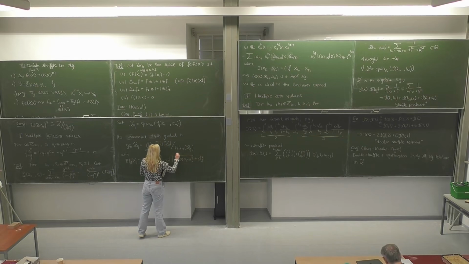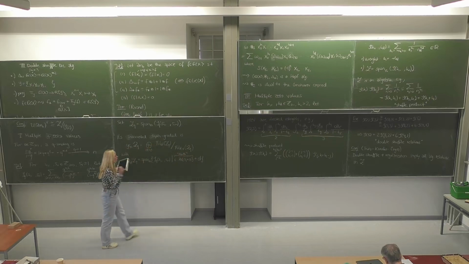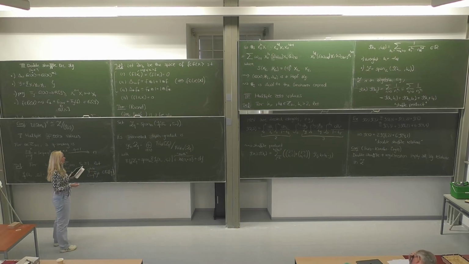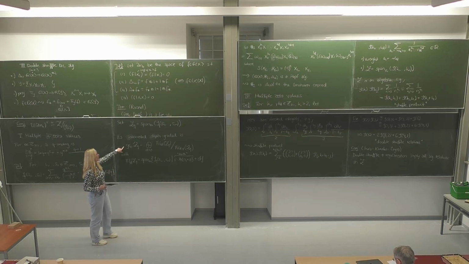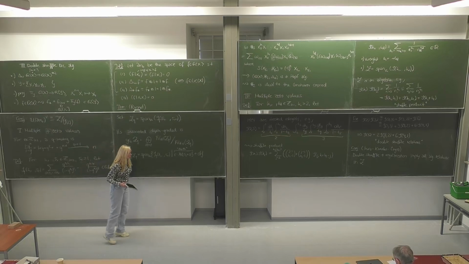So this is what we call the depth. So whenever you have a relation or a product or whatever, you just throw out all the terms which are not of highest depth, and this is how you will roughly get this depth-graded version.